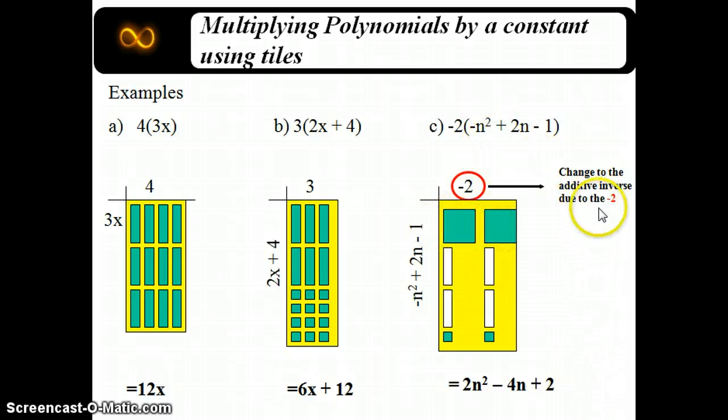And because of the additive inverse with this negative, instead of a plus 2n, I have the white ones representing minus 2n's, and I have 2 of those. And because of the additive inverse in this negative, instead of a minus 1, I get a plus 1, and I have 2 groups of those. So I have positive 2n squared, minus 4n, and plus 2.